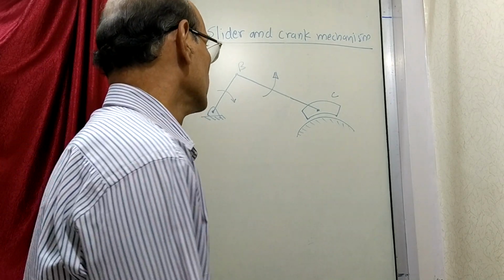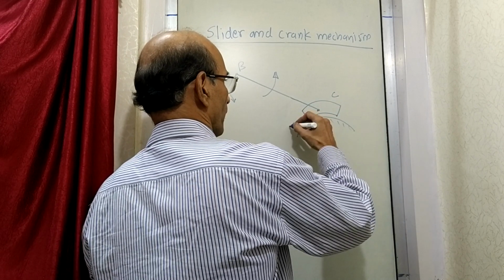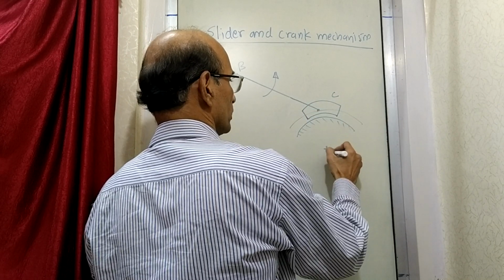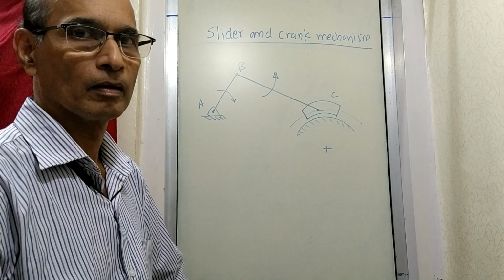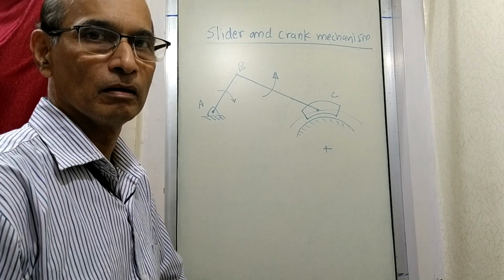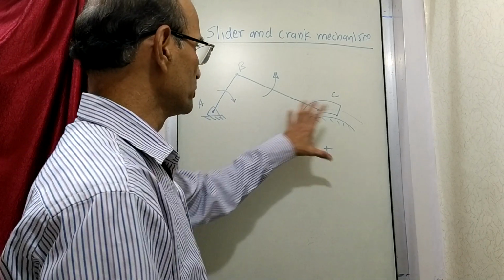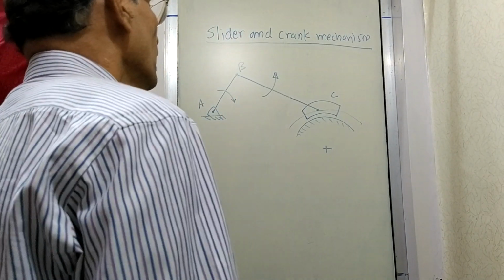Now the first thing is, this is rotating about a point which is here. It has a center of rotation here. So because of that, there will be some change which we will have to take into consideration at that point.